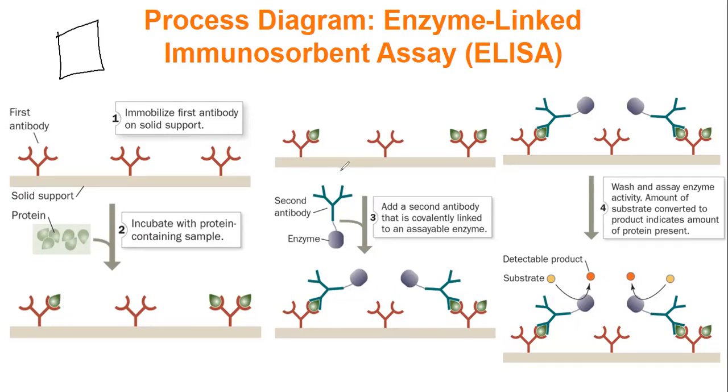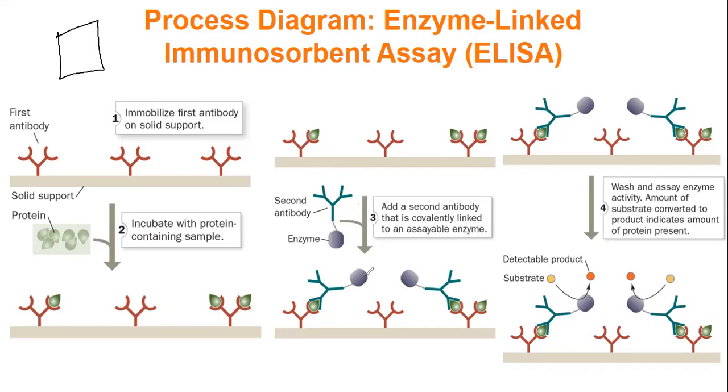After that, we add a secondary antibody. This secondary antibody will only bind to your protein that is bound to your primary antibody. And this secondary antibody also has an enzyme.